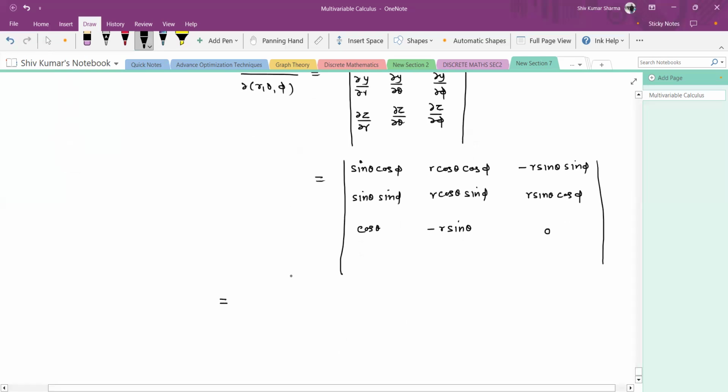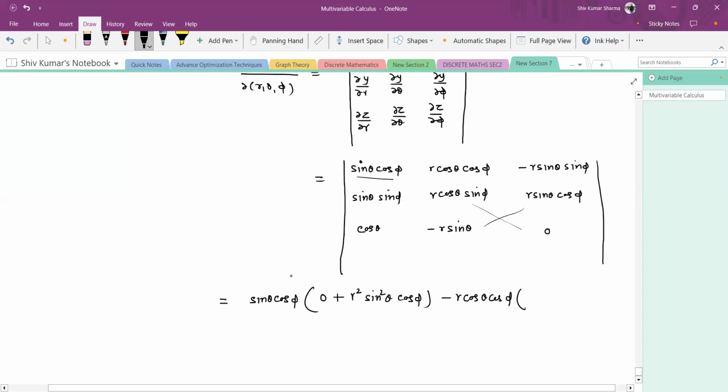For solving this determinant, the first term we take is sine theta into cos phi. For this one we do the cross multiplication: 0, 0 minus, so we have minus sign, so this is equal to plus. We write r square sine square theta into cos phi, minus r cos theta into cos phi.